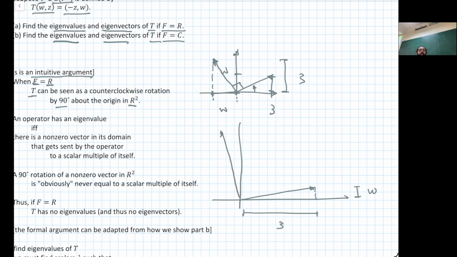Just intuitively. It's just rotating it counterclockwise 90 degrees. So this was w, this will also be w. This you can check. And this height from here to here would be z. Isn't it a rotation? It's nothing complicated.